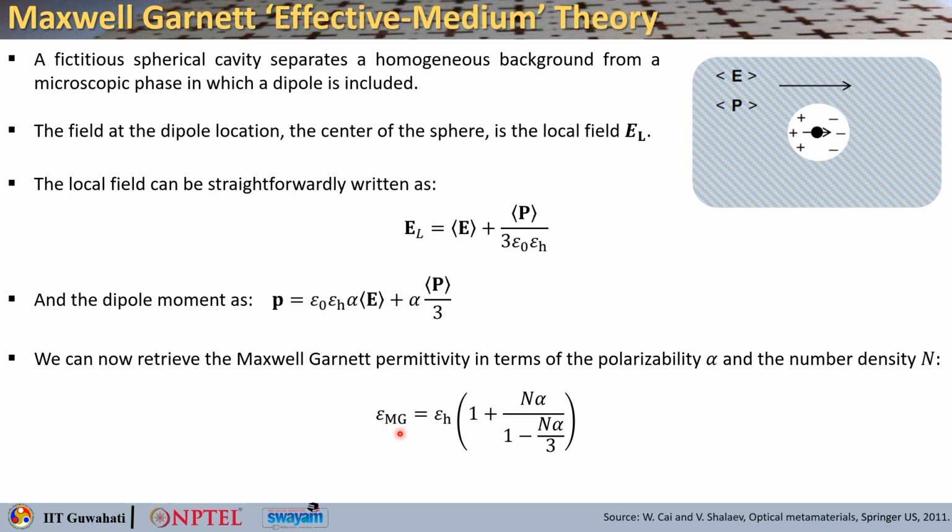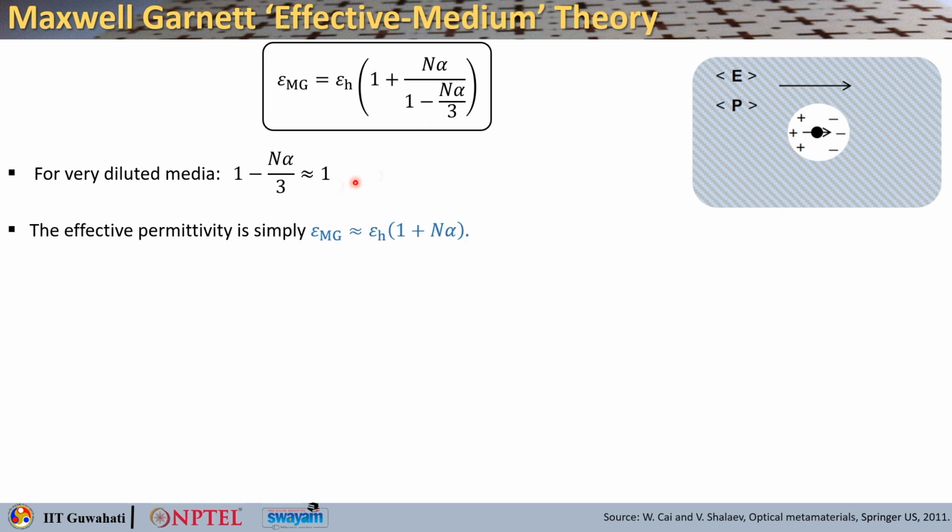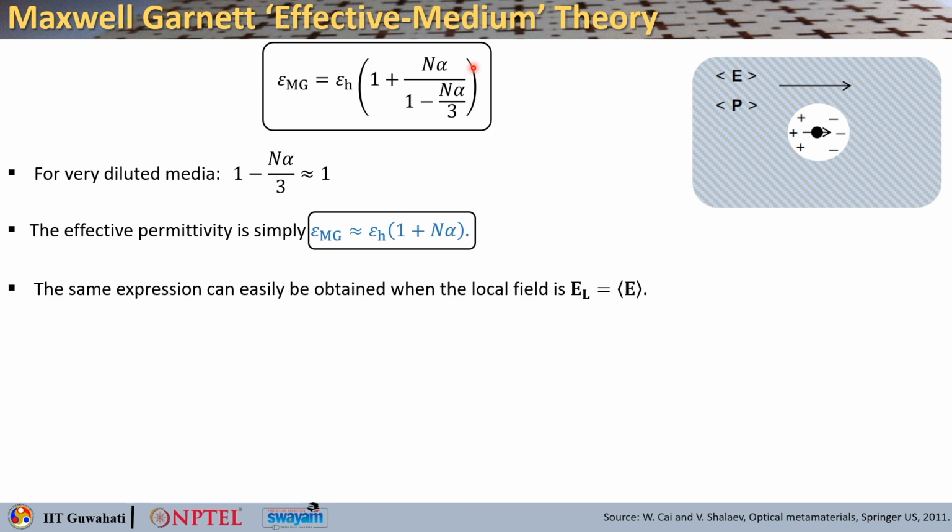So, you can write epsilon_mg equals epsilon_h (1 + n alpha) divided by (1 - n alpha/3). Now, in the case of a very diluted medium, you can consider this term to be equal to 1. Okay. So, in that kind of approximation, the effective permittivity epsilon_mg will simply look like epsilon_h (1 + n alpha), right.